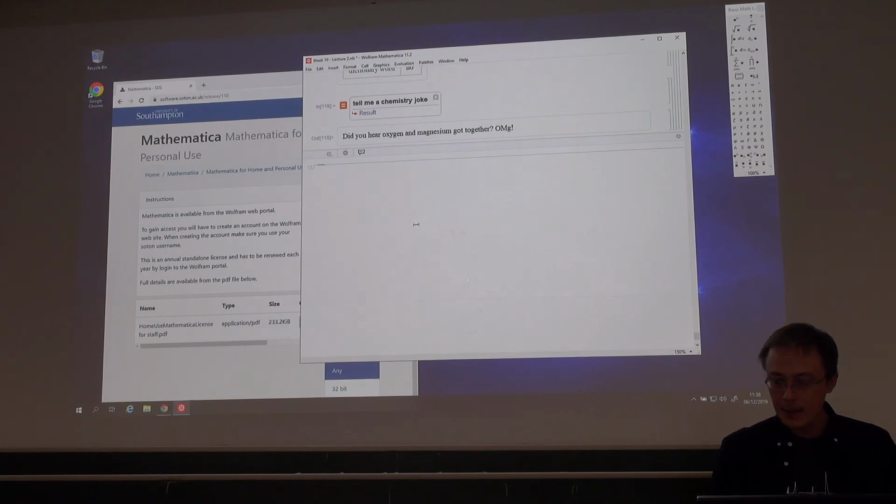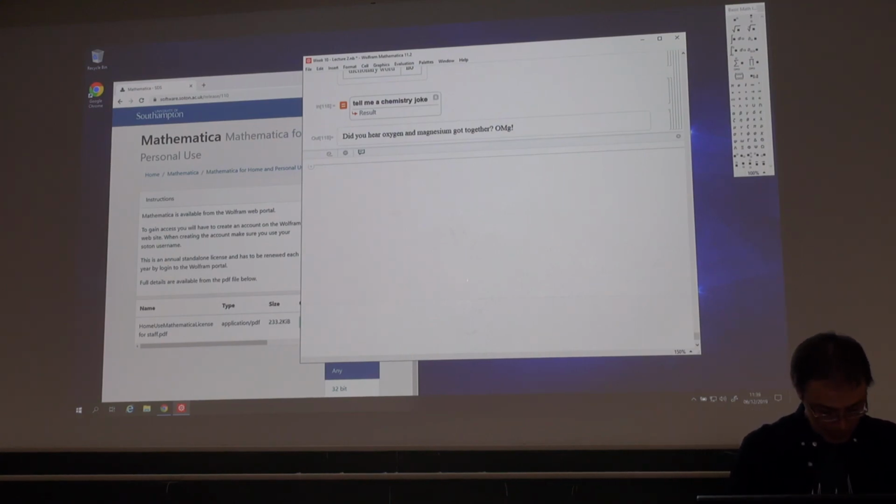It has things like least squares fitting. It has minimization and maximization. So let's go, for example, maximize something that clearly has a maximum, like 1 minus x squared with respect to x.